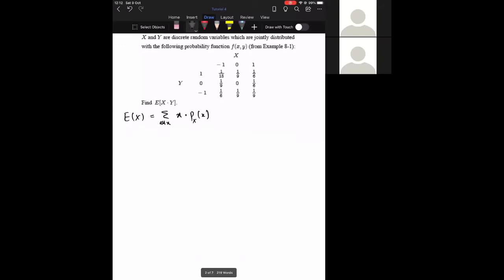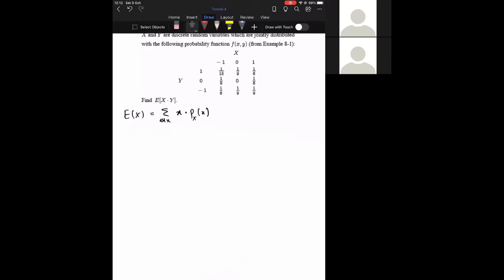So analogous to this definition for the joint probability, we have the expected value of x times y, which is equal to the sum over all x, sum over all y, of xy times f of xy, which is basically the same as this for the discrete case.